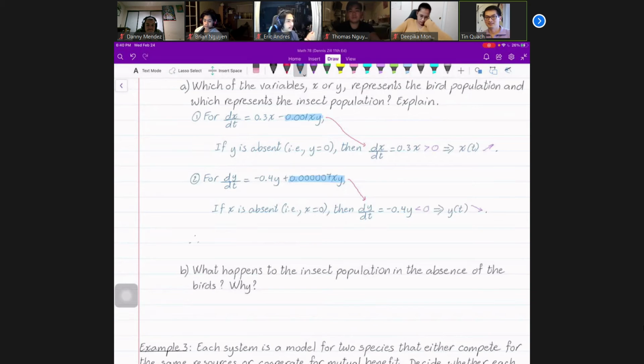so therefore, you know that x represents the insects and y represents the birds.